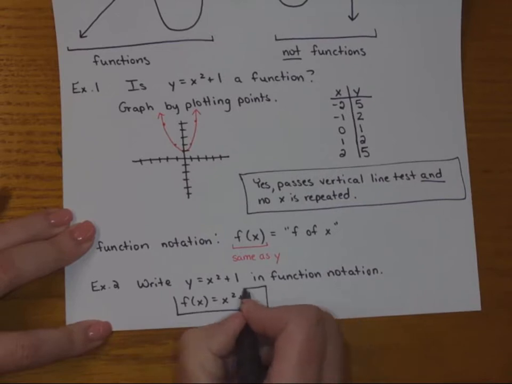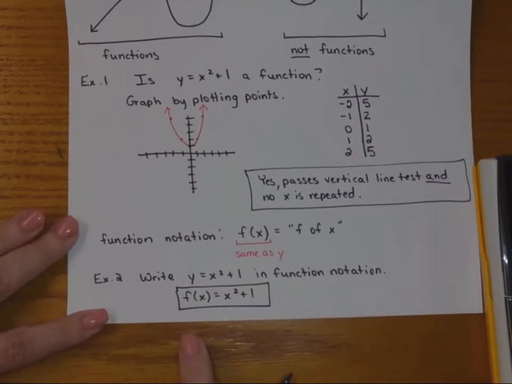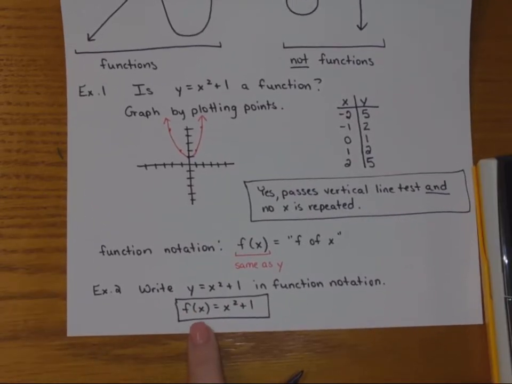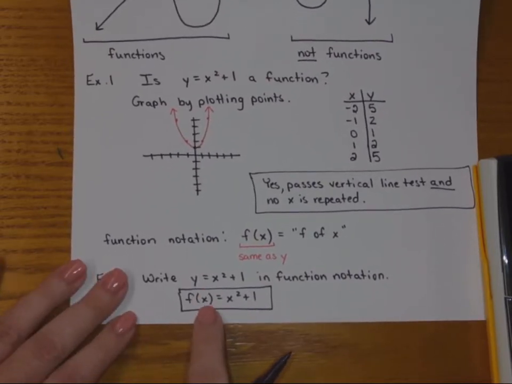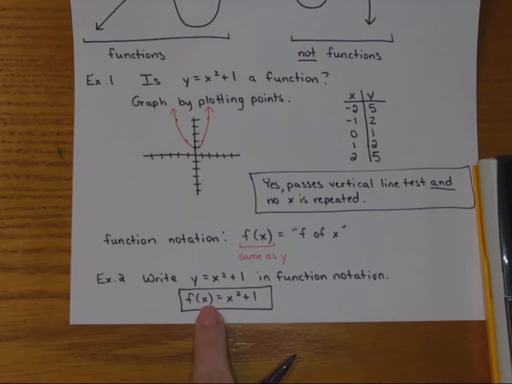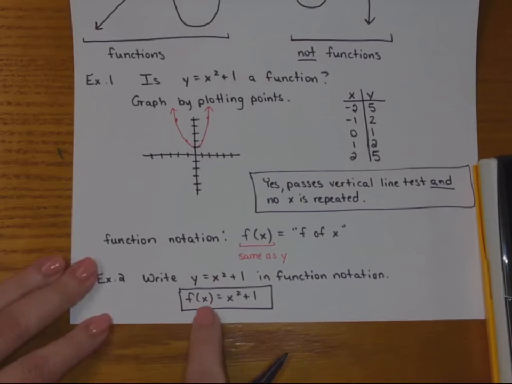So function notation does a couple of things. It lets you know just with this notation that yes, you are dealing with a function, but it also informs you with the letter that it uses here, like what letter will be used in the equation. In other words, this is going to be a function involving x. That's kind of what that means.